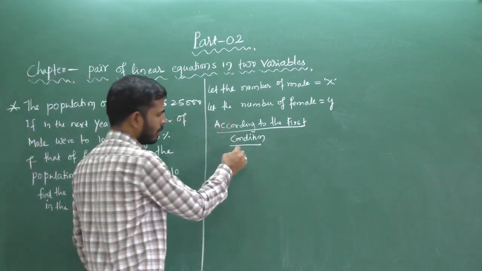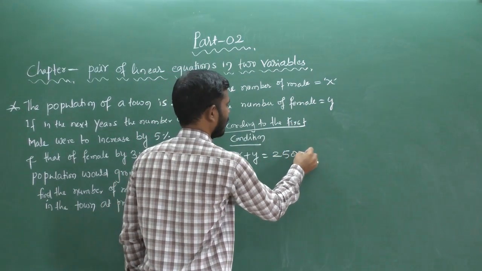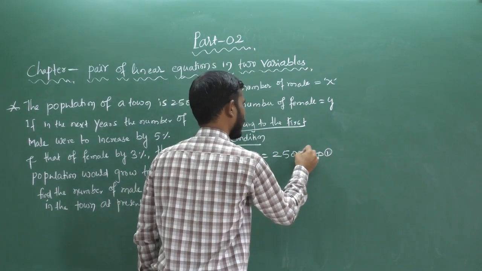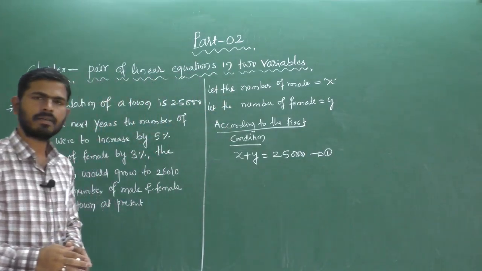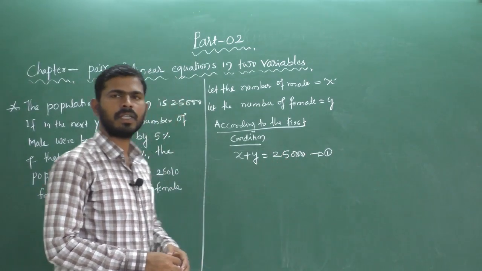So I take x plus y equal to 25,000. This is equation number 1. Male plus female equal to 25,000.